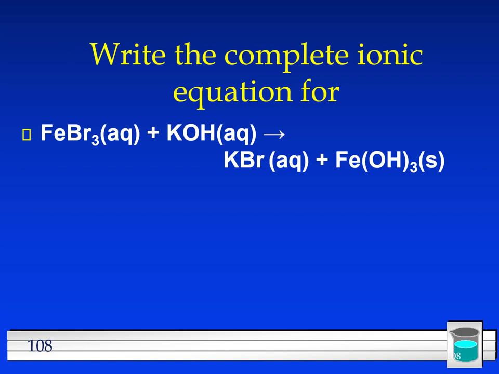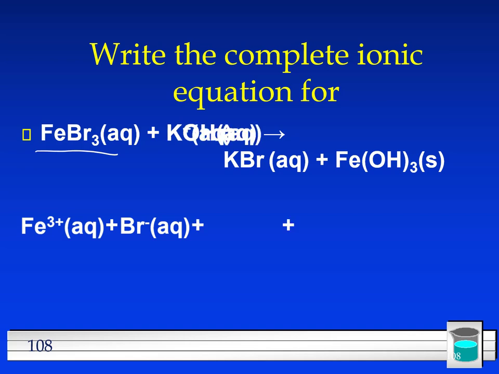So all you have to do with an equation like this is just look at it and say, is there any FeBr3? Well, is FeBr3 solid, liquid, or gas? No, it's aqueous. If it's aqueous, it's really Fe3 plus and Br minus, because our name is iron 3 bromide, so we got iron 3 and we got bromide. So all we do is just pull the ions apart. It's a lot of writing, I know, but we'll shorten it later. We're going to start off here, we'll shorten it later.